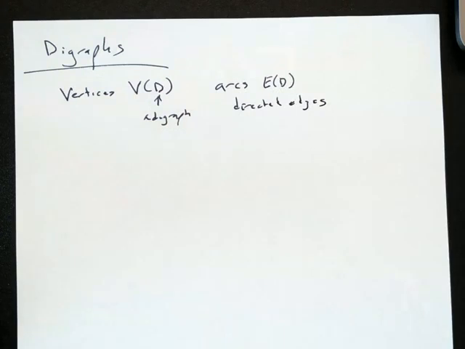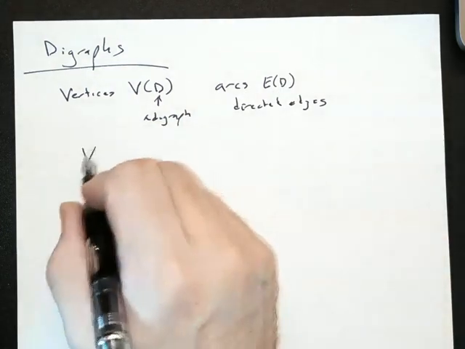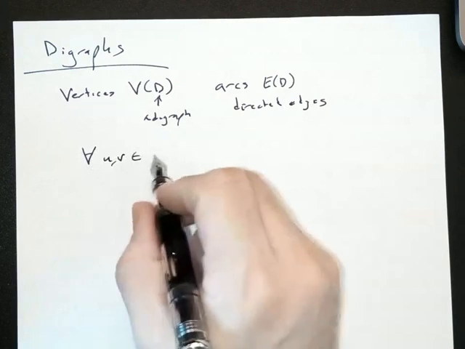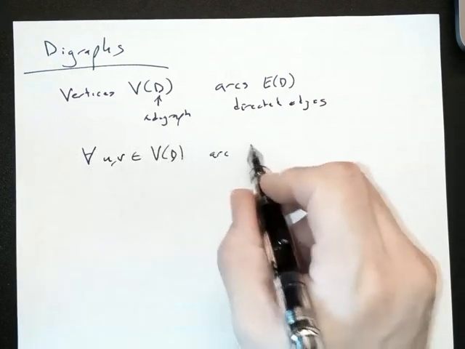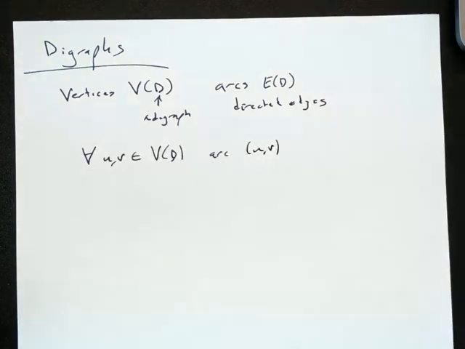That means they have a from and a to, and they're ordered. So I'll use ordered pairs instead of set notation.